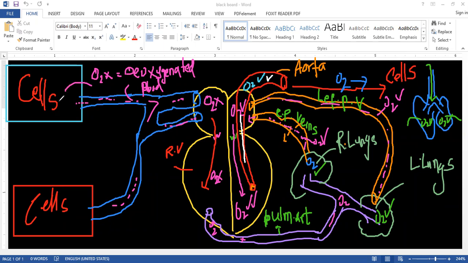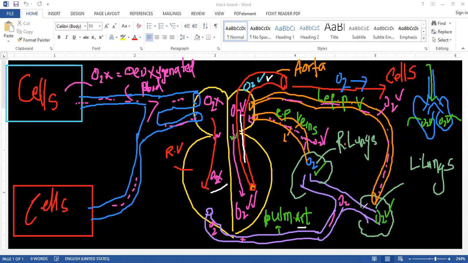And in those cells, oxygen is used, and deoxygenated blood comes through the vena cavas, superior and inferior vena cava, and comes to the right atrium. Then it goes to the right ventricle, and that's also deoxygenated blood. Then it goes through the pulmonary artery to the lungs, right and left lungs.